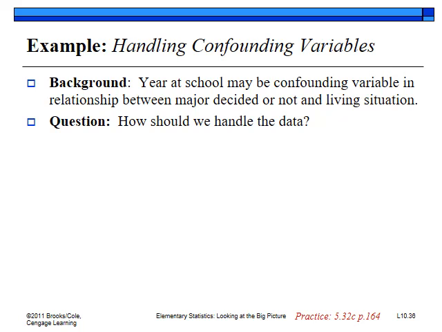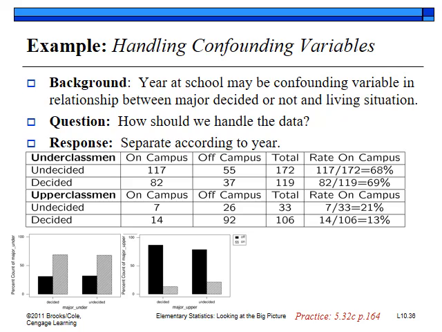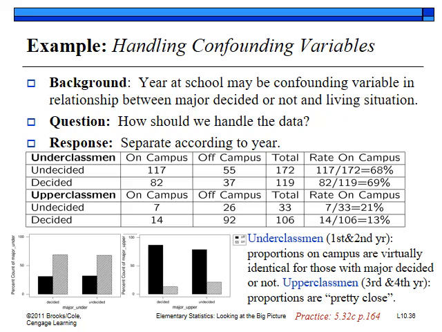So how do we handle this? One good way to do it is to block the data. Let's separate out the responses according to whether a student is an underclassman or an upperclassman. Now look at the rates of decided versus undecided. Do they look all that different? For underclassmen, it's essentially the same.